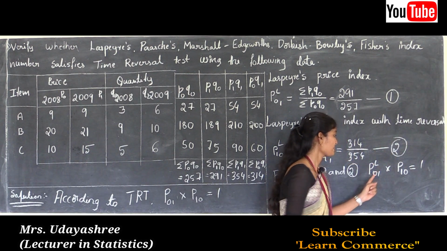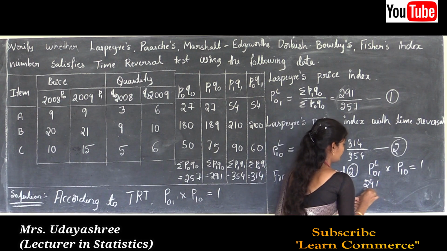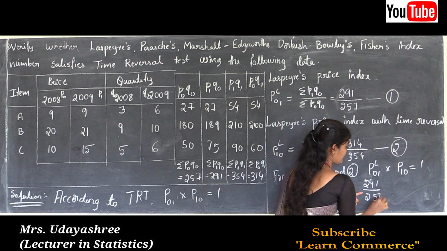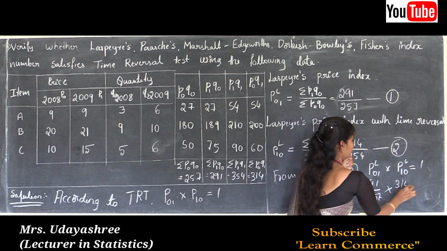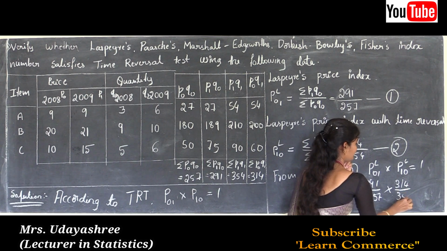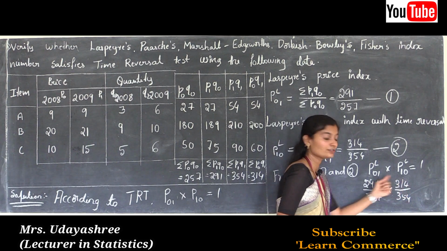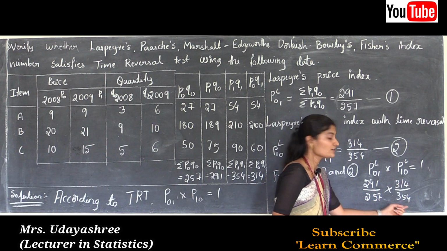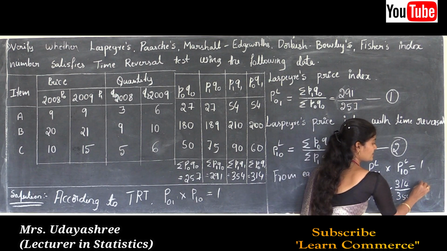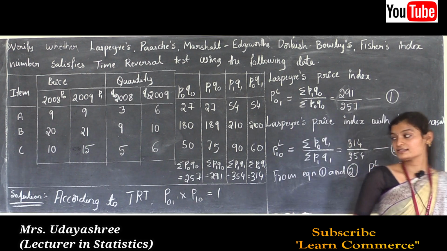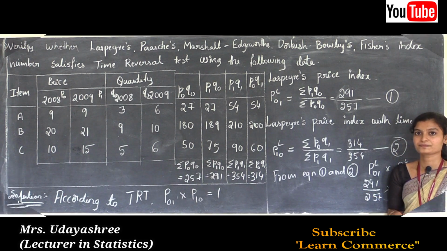That is 291 divided by 257 into 314 divided by 354. See here, these two elements are not there in the denominator, so these terms will not be cancelled. Therefore, this is not equal to 1. It means Laspeyres index number does not satisfy time reversal test.